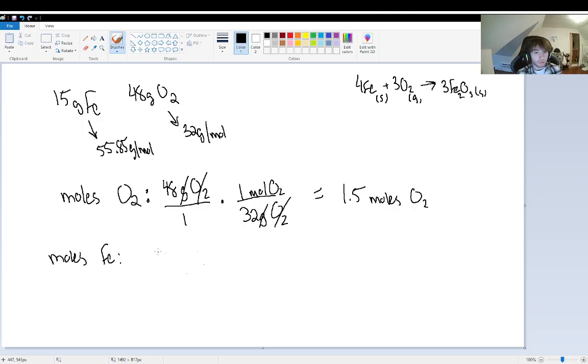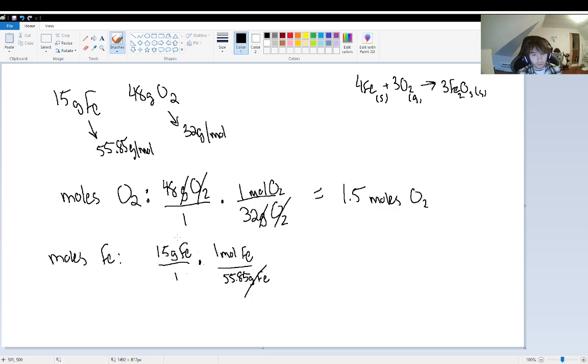So I have 15 grams of iron over 1, times 1 mole of iron in 55.85 grams of iron.